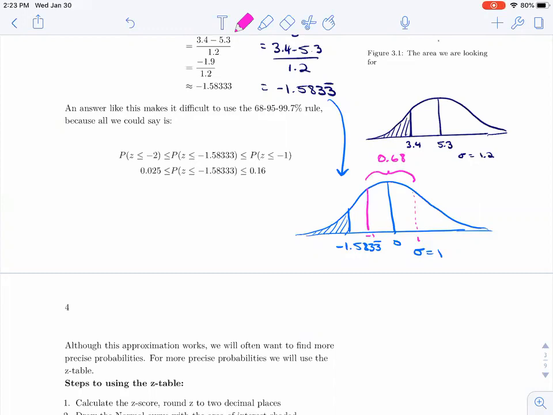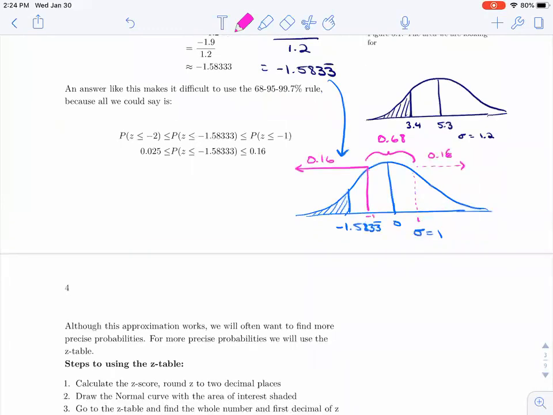Right? And so really what we have here is 0.16, and then here 0.16 as well.